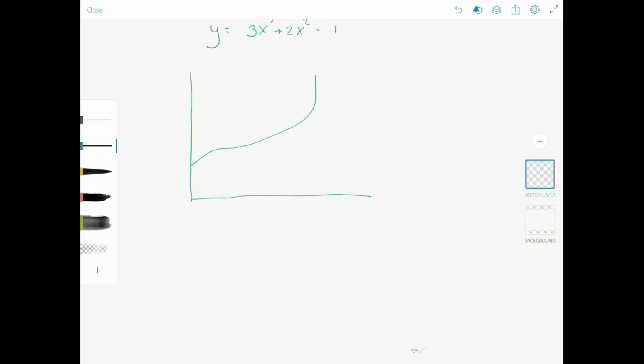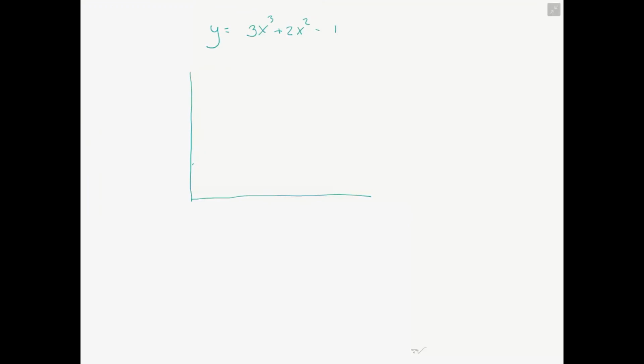No. All right. So let's say we have this function y equals, well, let's say 3x to the third plus 2x squared minus 1, and we want the area between, I don't know what this thing is going to look like, but let's say it kind of looks like this.